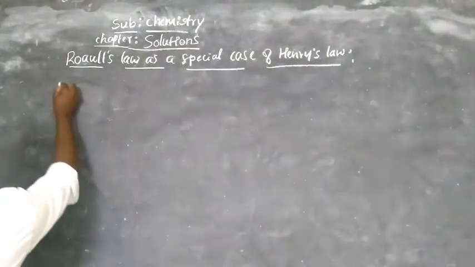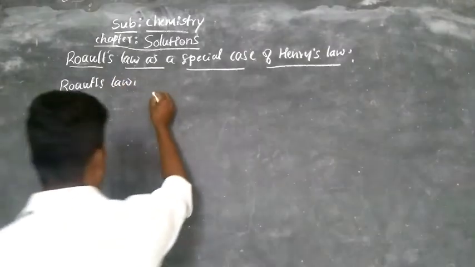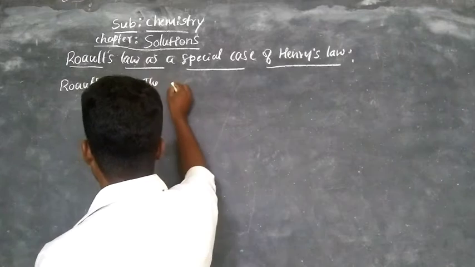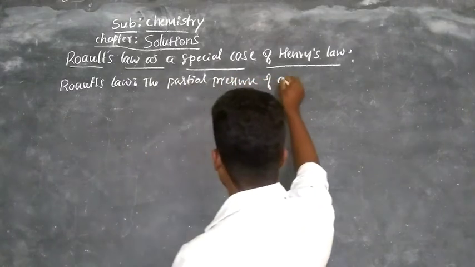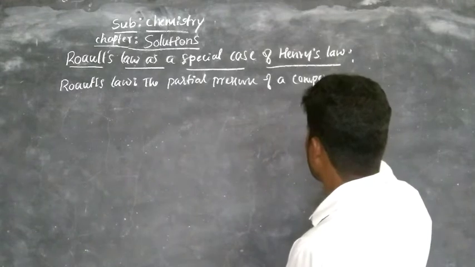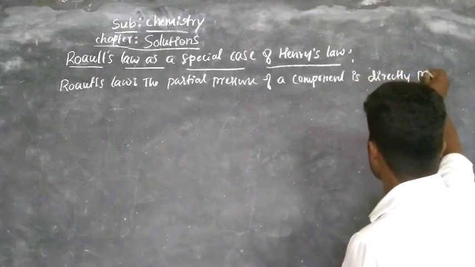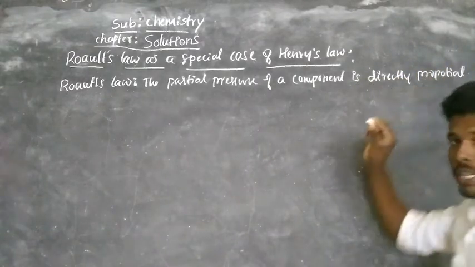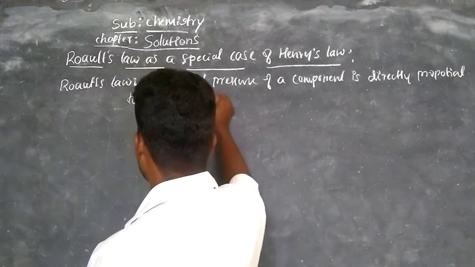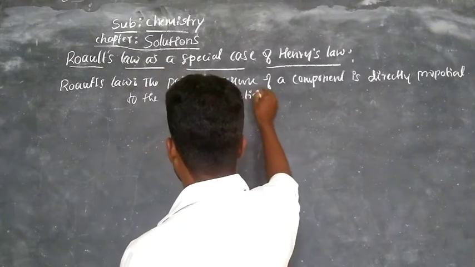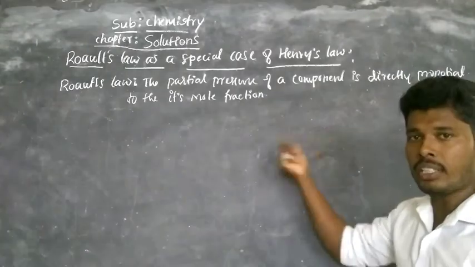So Raoult's law states that the partial pressure of a component is directly proportional to its mole fraction, or it is also defined as the product of vapor pressure and mole fraction.